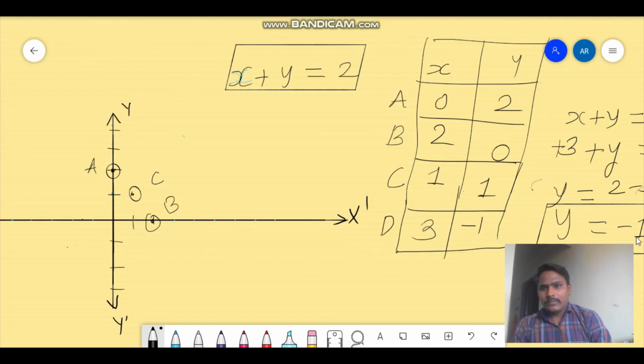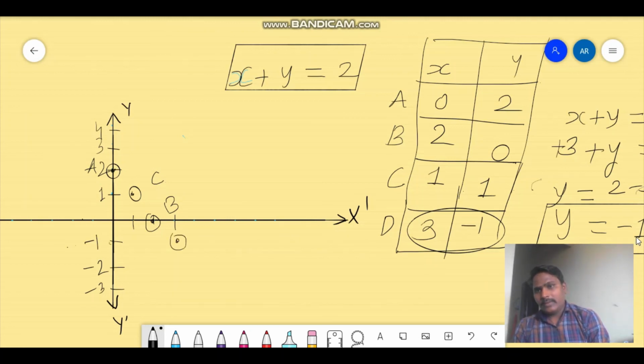So here it is 1, 2 and 3, x is equal to 3 and y is equal to minus 1. Here the y values are 1, 2, 3, 4 and here they are minus 1, minus 2, minus 3 and minus 4 and so on. So we want to plot this point D, (3, minus 1), that is x is equal to 1, 2, 3 and minus 1 is here, so this point will be here.